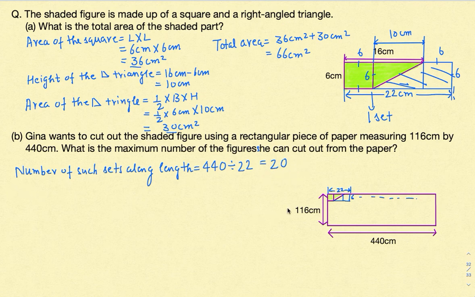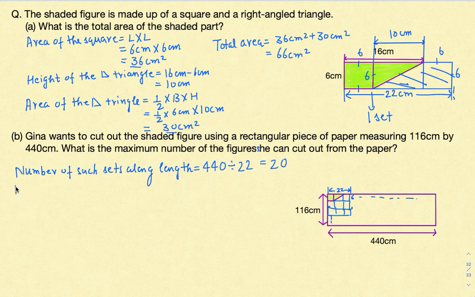Now let's find out how many sets can repeat along the breadth. The same whole figure is getting replicated, and we have to find out how many such sets can go along the breadth.